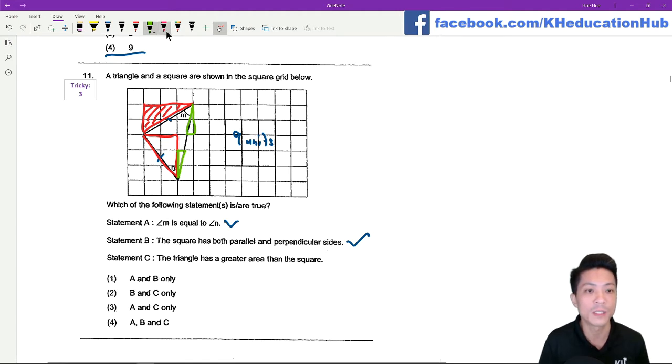Which means that now, let me use a highlighter to try and highlight the shape. It's gonna look like this, including this small part here. This is about 1, 2, 3, 4, 5, 6.5 squares, which means that this is wrong. The answer is number 1.